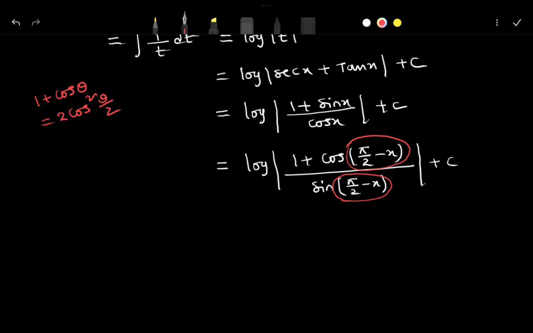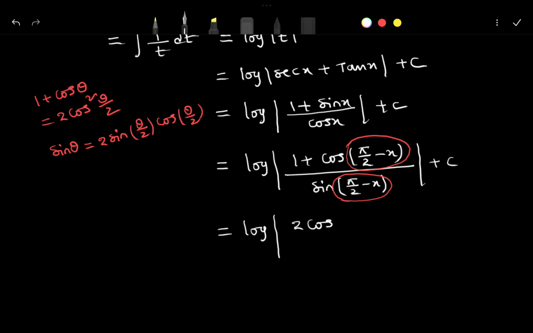Now the sin theta value you can write, by using the basics, as 2 into sin of theta by 2 into cos of theta by 2. By using this formula, you can get one more form of this result. That is equal to log of, numerator value 2 into cos square theta by 2.